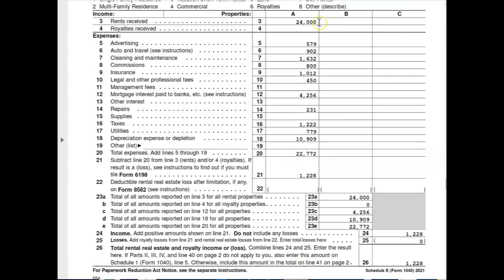While the gross income is $24,000, that's the total rents received, after all the deductions, what's going to be taxable is the net rental income, and that happens to be just $1,228 after deductions for things like depreciation on line 18, taxes on line 16. Now, you don't have to memorize line numbers, but you have to know what's deductible. So let's take a look at some multiple choice questions on rental real estate and deductions that you should be ready for.